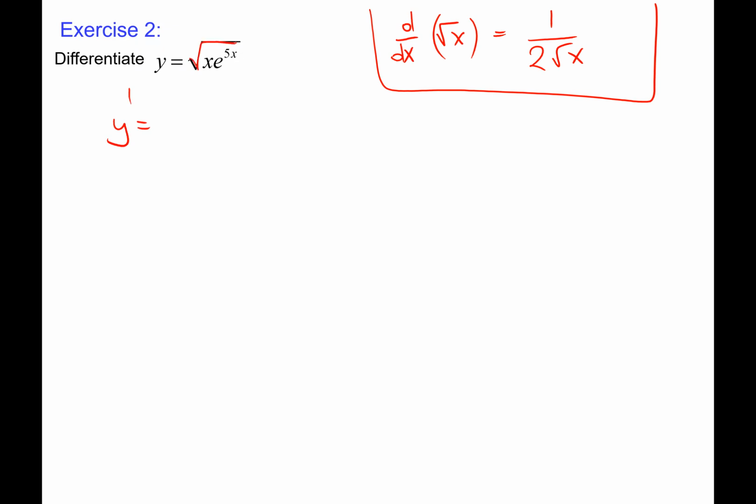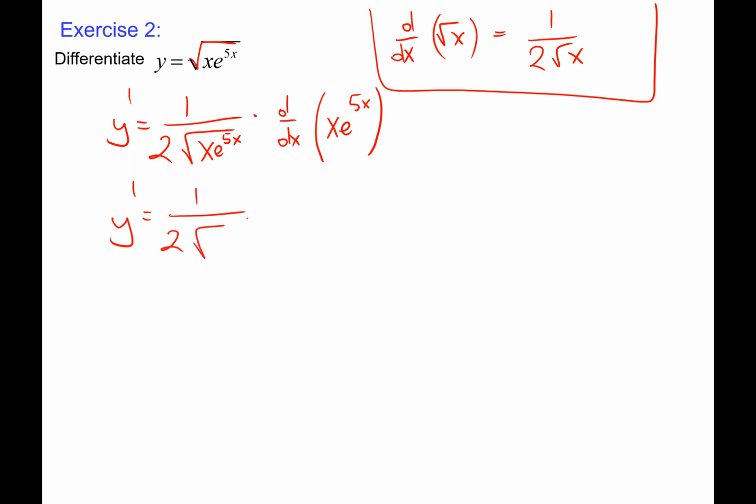The derivative of the square root is 1 over 2 times the identical root, which I will put inside, x e to the 5x, and times the derivative of the inner function, which is x times e to the 5x. Let's copy this.